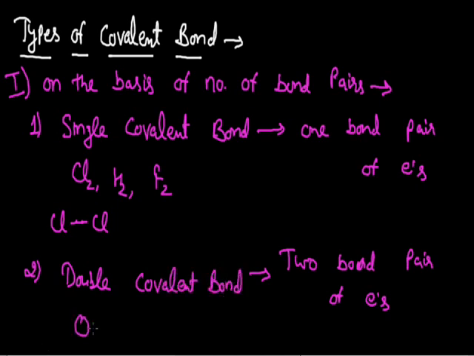Like if I talk about the molecule of oxygen, to complete the octet of each oxygen atom, the result will be sharing of a total of 4 electrons between these oxygen atoms, and these 4 electrons will result in 2 bond pairs of electrons, which can be shown by this kind of symbol, and this will be termed a double covalent bond.